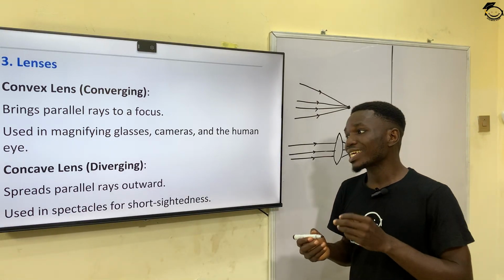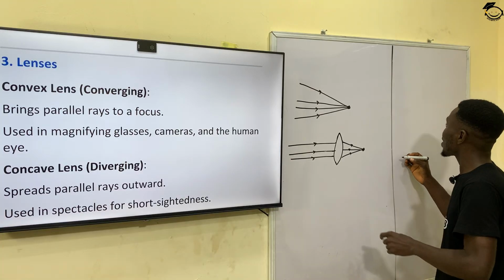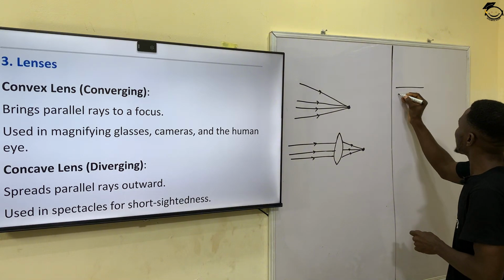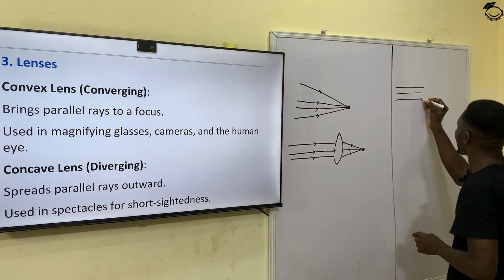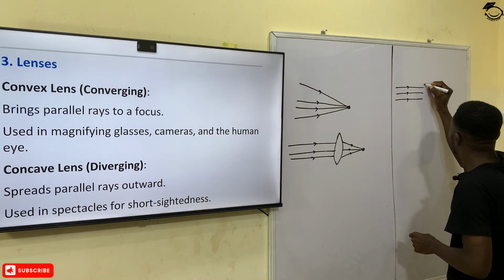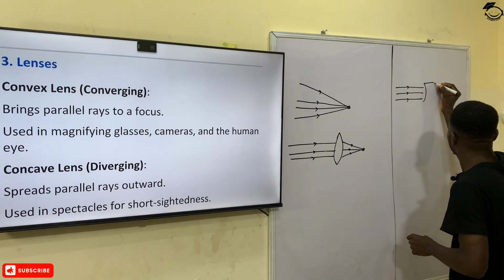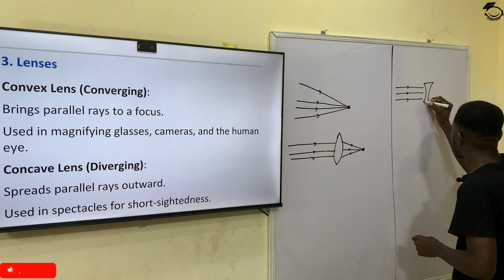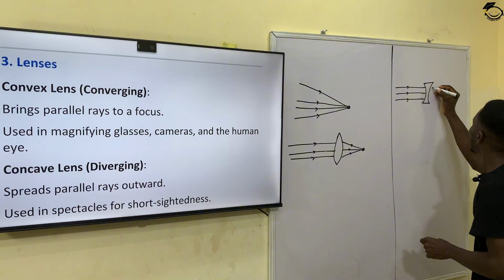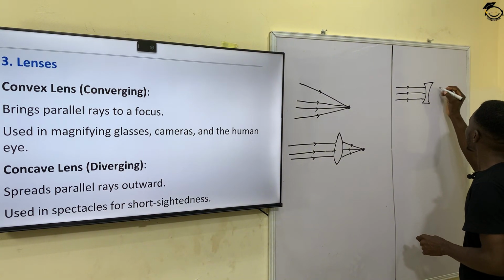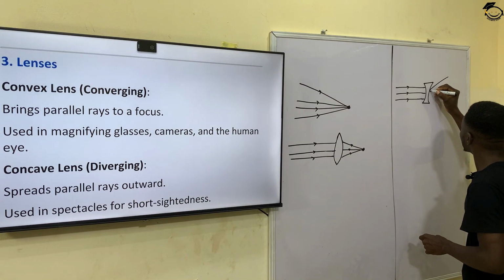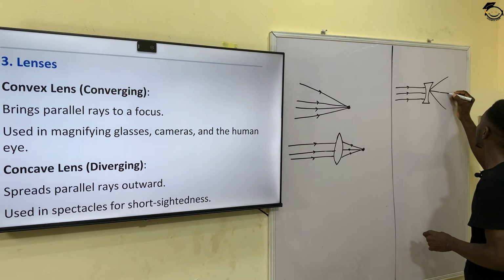We also have what is called the concave lens. Now your concave lens, unlike your convex lens, it spreads out objects. So if I have rays of light traveling this way, so this is a parallel beam of light, and then they hit a concave lens this way, unlike when they hit a convex lens, what they are going to do here, they are going to diverge.